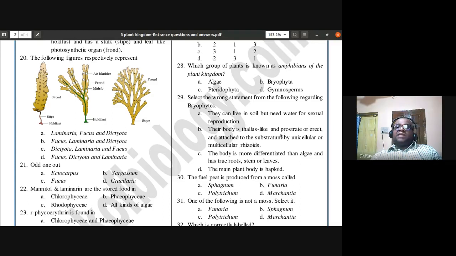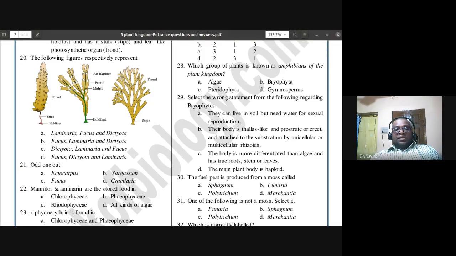Their body is thallus-like and prostrate or erect and attached to the substratum by unicellular or multicellular rhizoids. The body is more differentiated than algae and has true roots, stems, or leaves. The main plant body is haploid. Which is the wrong statement among these?